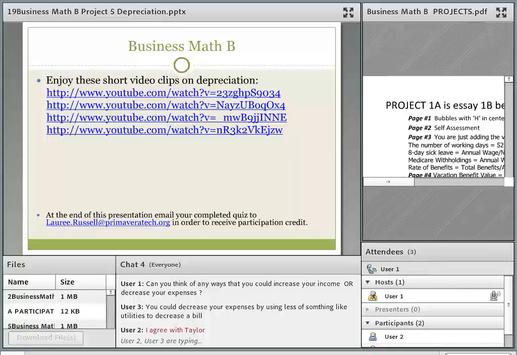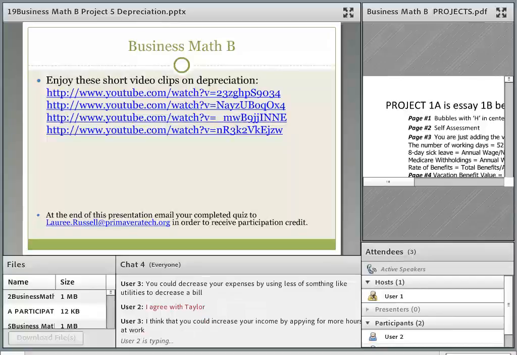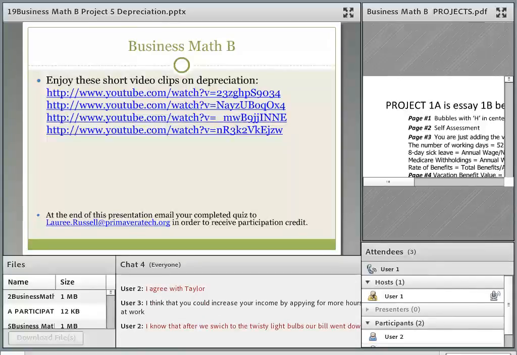We learned in the last project that one of the ways you can increase your income is by looking at that break-even point and making sure that your pricing and your discounts brought in the income that you wanted, right? So you could increase your income by increasing your price point to fit the supply and demand.